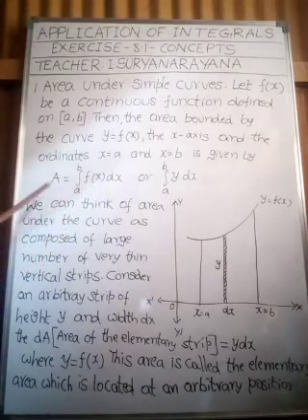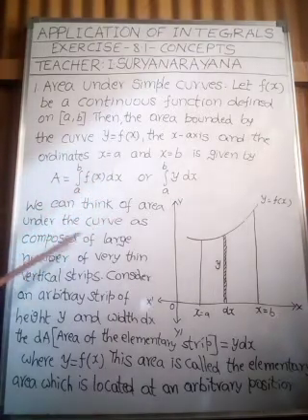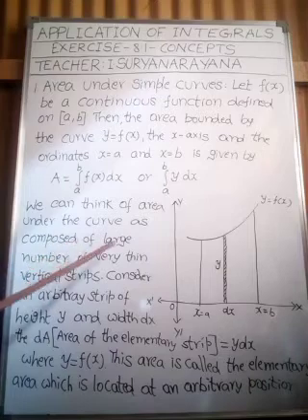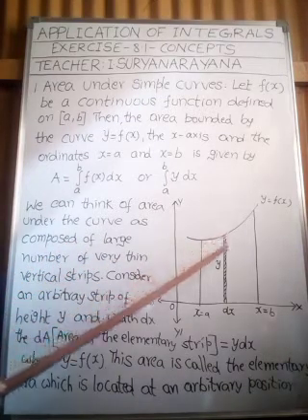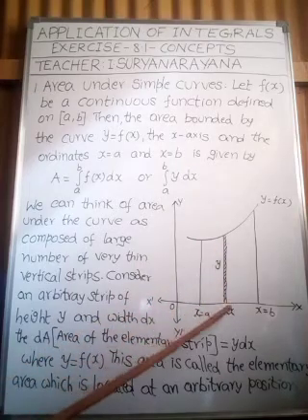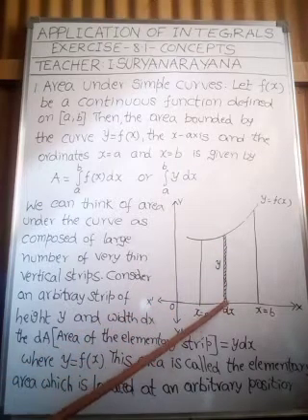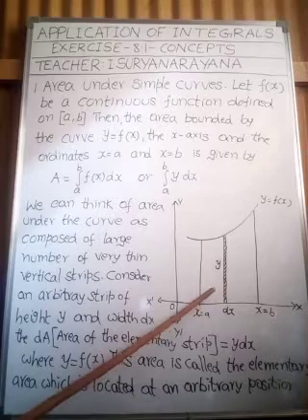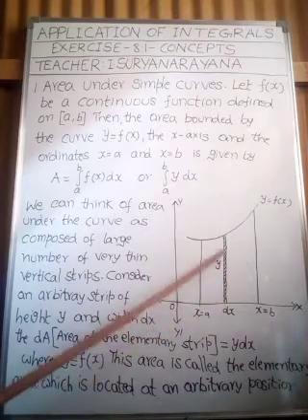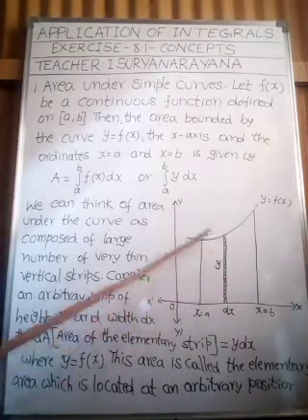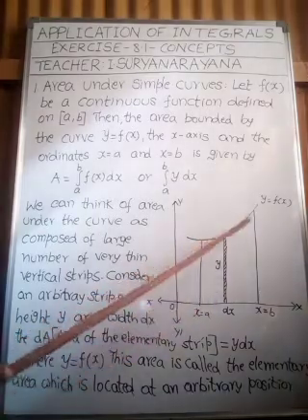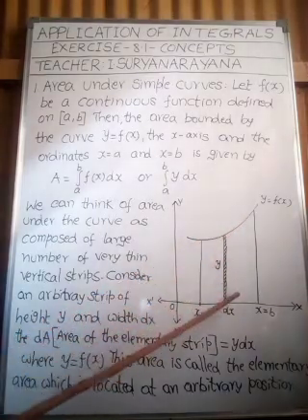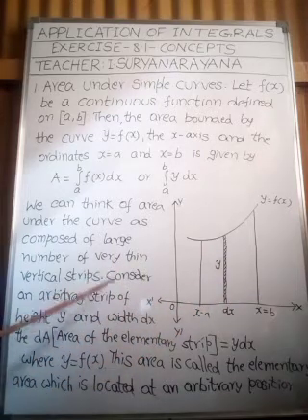Okay, my students. We can think of area under the curve as composed of a large number of very thin vertical strips. See here, a thin vertical strip is considered. Like this, a large number of vertical strips are there. Consider an arbitrary strip of height y.